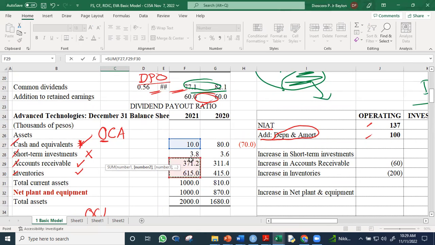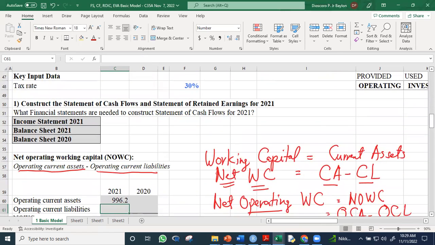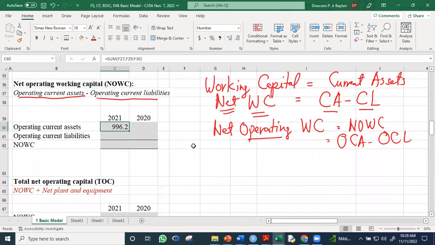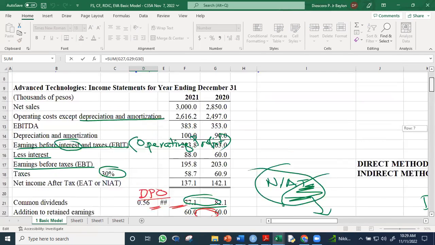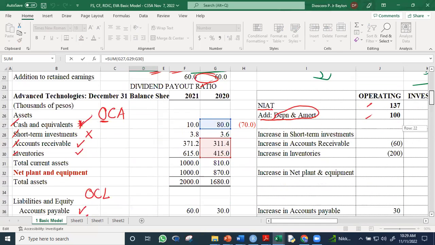So we're excluding short-term investments. Enter. All right, so this is 996.2. So we're summing up cash, okay, receivables and inventories. We excluded short-term investments, as we said, because it's not part of operating current assets. We can just actually copy this to the right. Okay, because this now, the arrangement such that 2020 is beside 2021, right? So there.